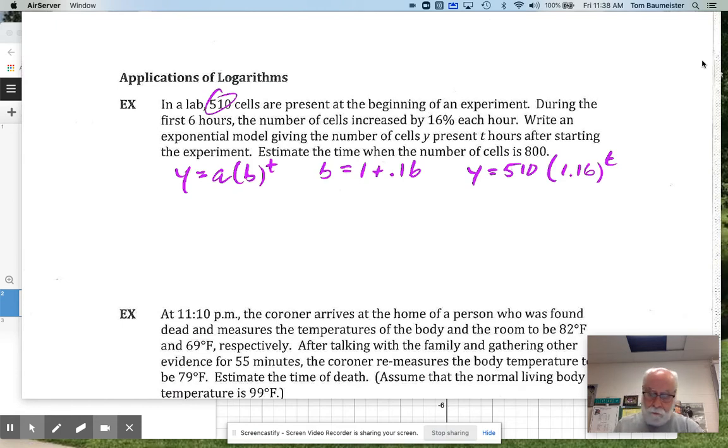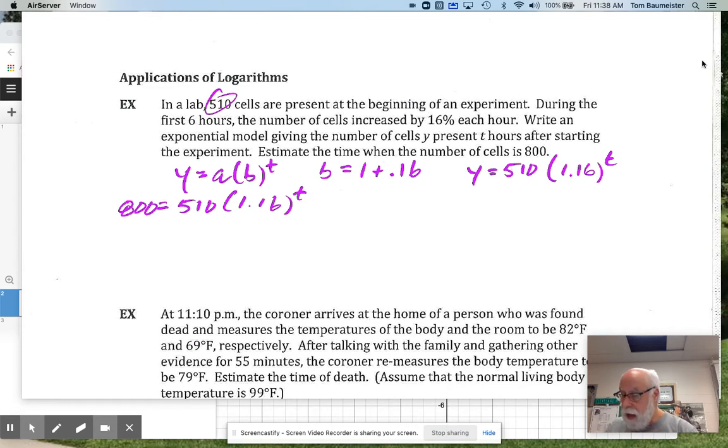All right? So then they want us to estimate the time when the cells is equal to 800. So that tells us that our y is equal to 800. So we have 800 is equal to 510 times 1.16 raised to the t power. All right. So then, remember, I can divide both sides by 510.